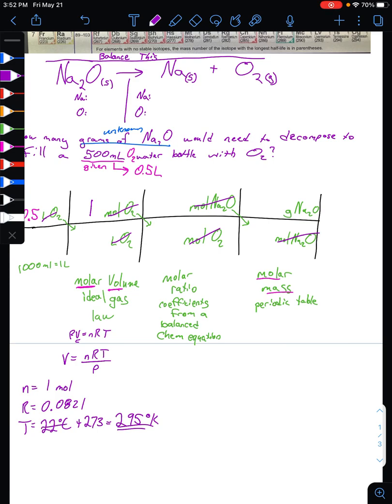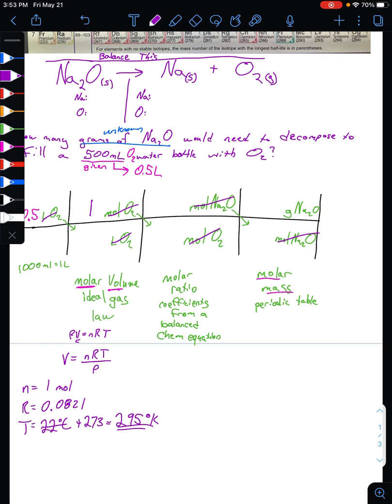All right, that's gone. All right, what am I missing? I've got my n, I've got my R, I've got my T, I need my P. So what's the pressure? Well, here in Rochester, Minnesota, it's like 1,000 feet above sea level, I think. It's not that different than sea level.